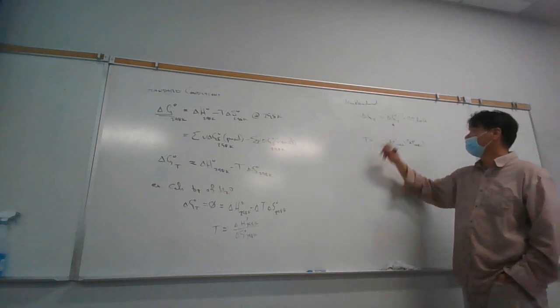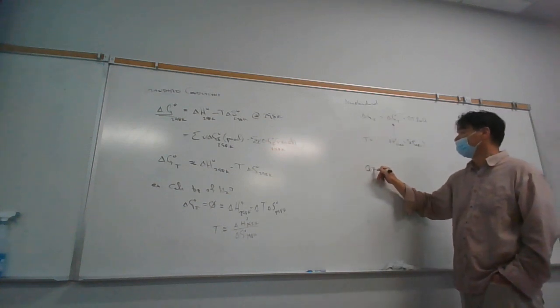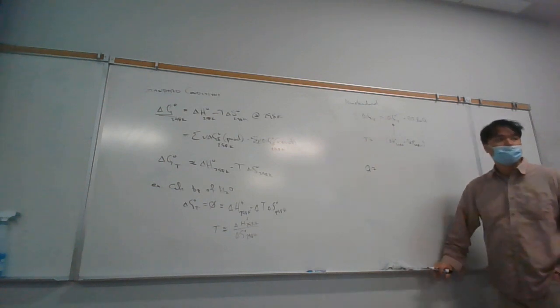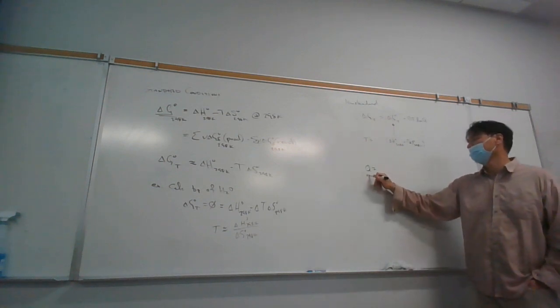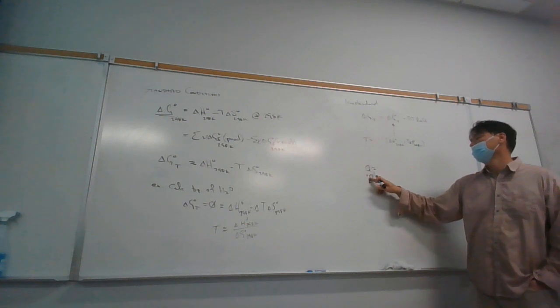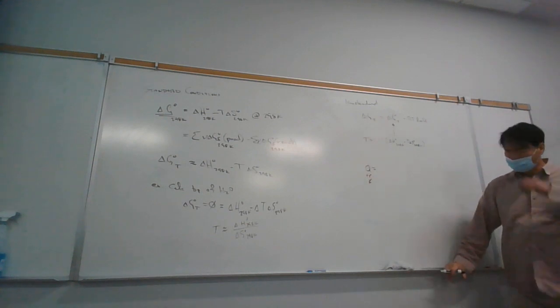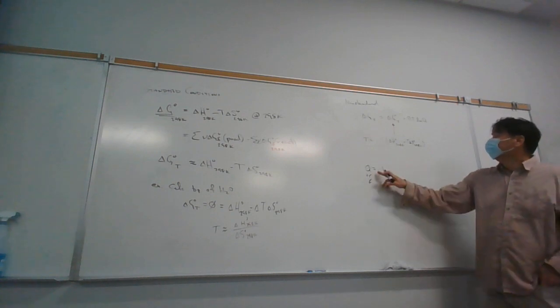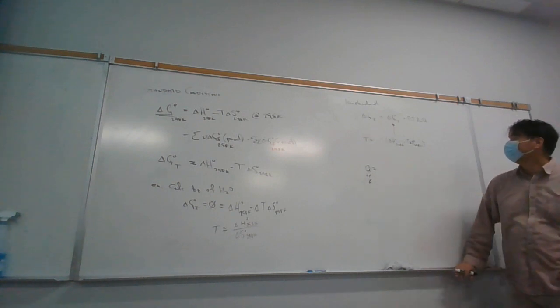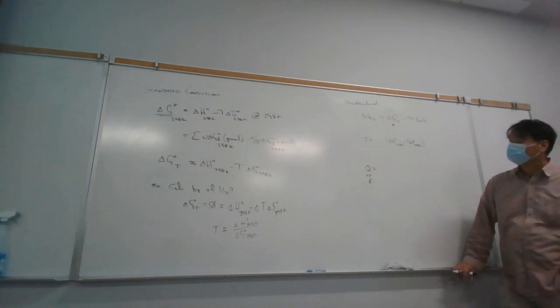The other type of problem is we solve for Q. What is Q or K? Which we'll talk about, because if we're at equilibrium, we call it K. So if we solve for Q or K, then this is the way we'll do that.